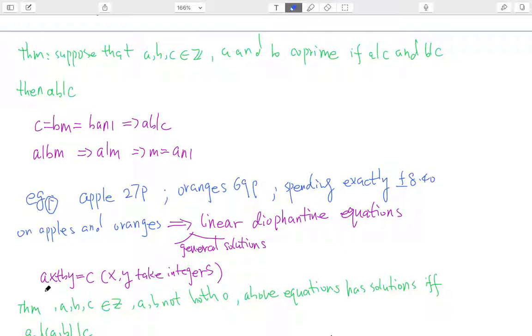So, in the first place, we should know under what kind of situations this equation has solutions, and that leads to the following theorem.